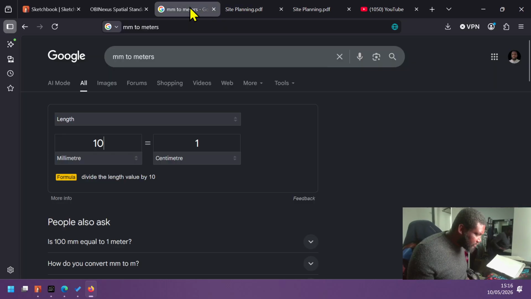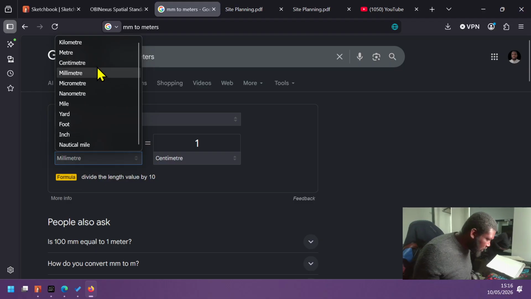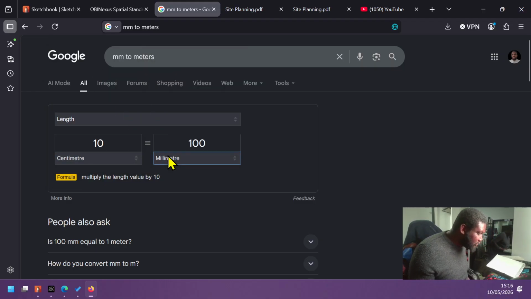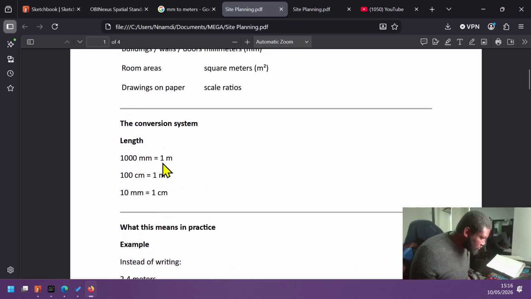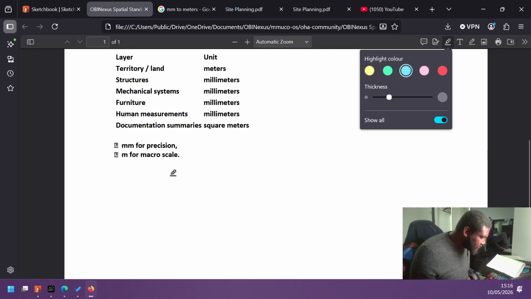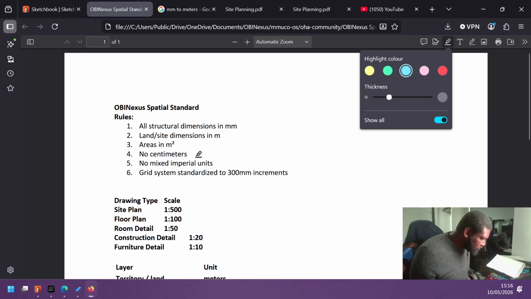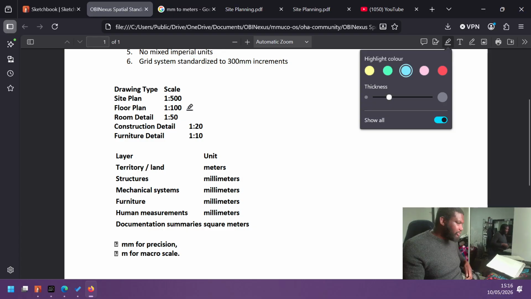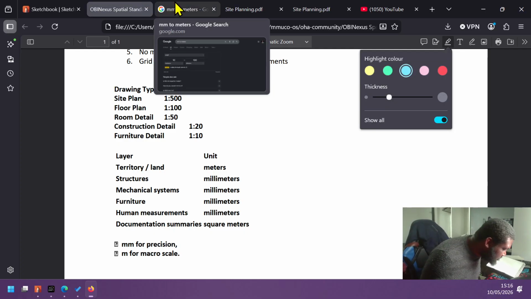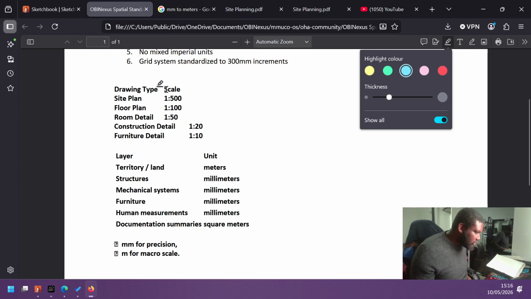Because I'm using centimeters, 10 centimeters to millimeters is 100. So 100 millimeters is that. So that will be 10 centimeters. So I'm using 100 millimeters right now.